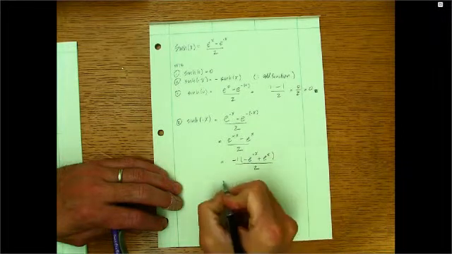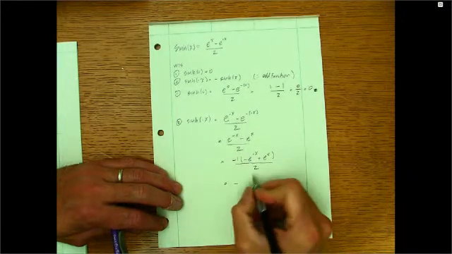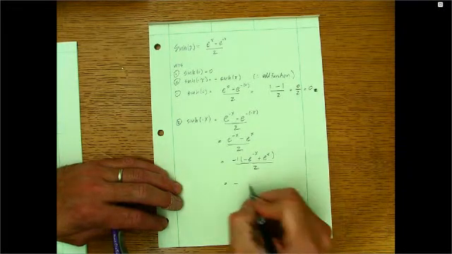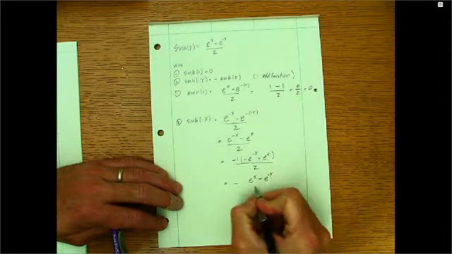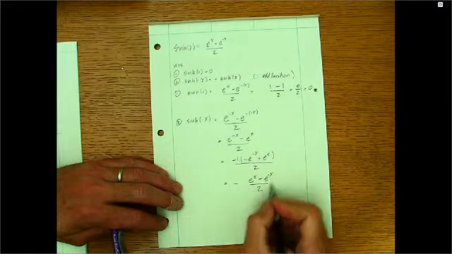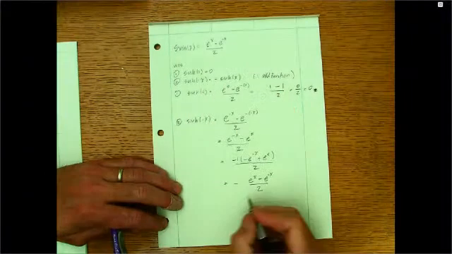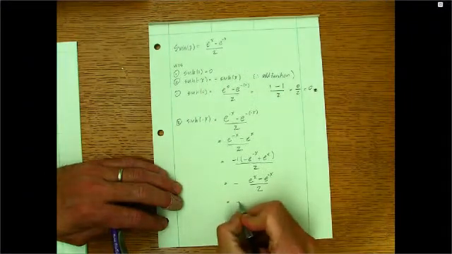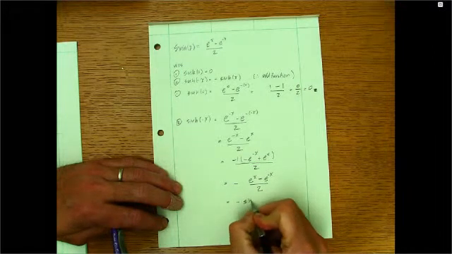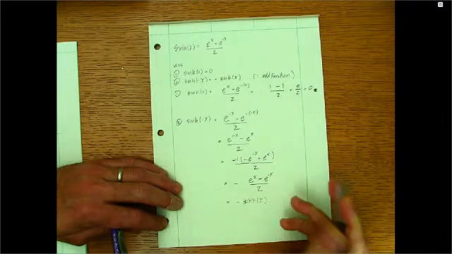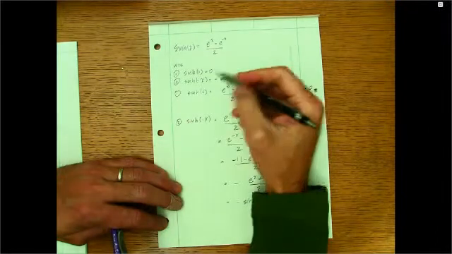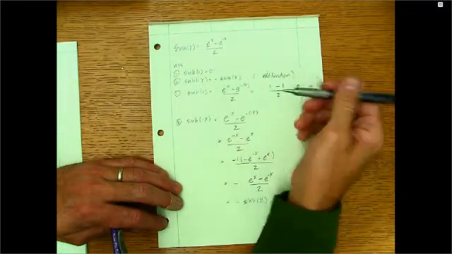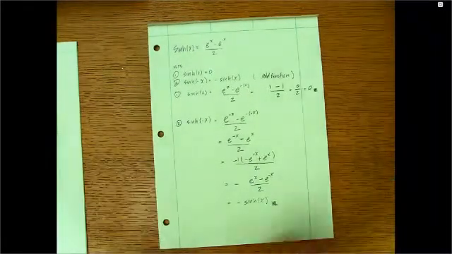That's all over 2, which means I have the opposite of, now rearranging because addition is commutative, on top we have e to the x minus e to the negative x all over 2, and I recognize this as the definition of the hyperbolic sine of x. So that means that this is equal to the opposite of the hyperbolic sine of x. And we are done with that little demonstration. So indeed, the hyperbolic sine passes through the origin, and it is an odd function, and we can move on.